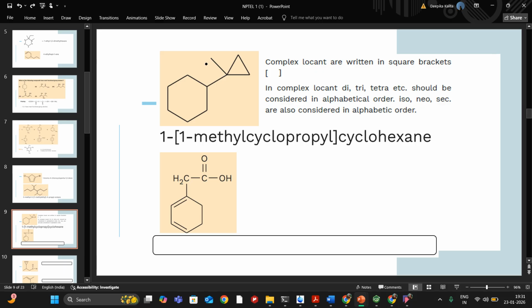Hence this substituent name will as a whole come in the bracket, and since this carbon will get position number 1, it will be 1-(1-methylcyclopropyl)cyclohexane. This cyclohexane ring will have the parent carbon chain designation. I hope this name was clear to you all.